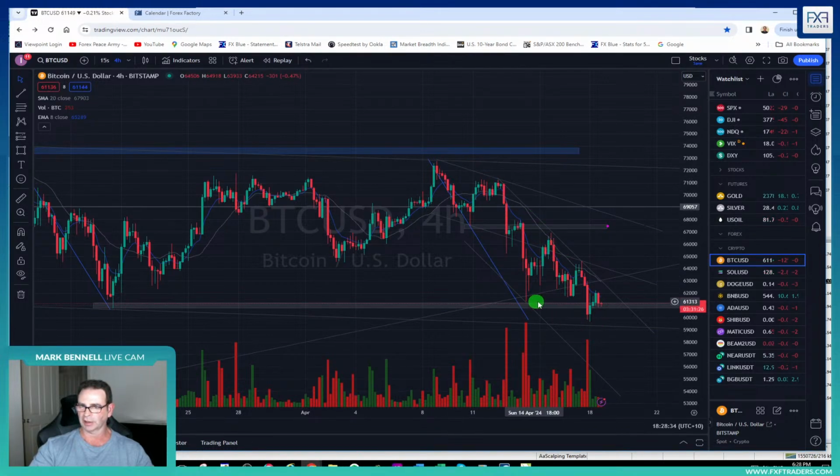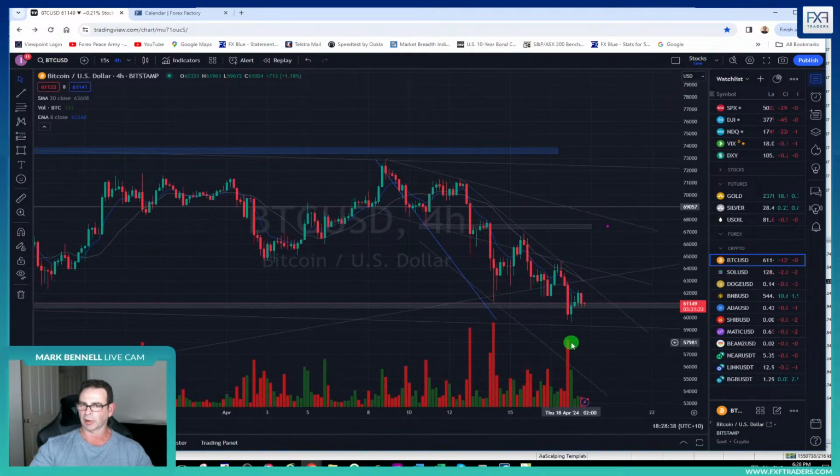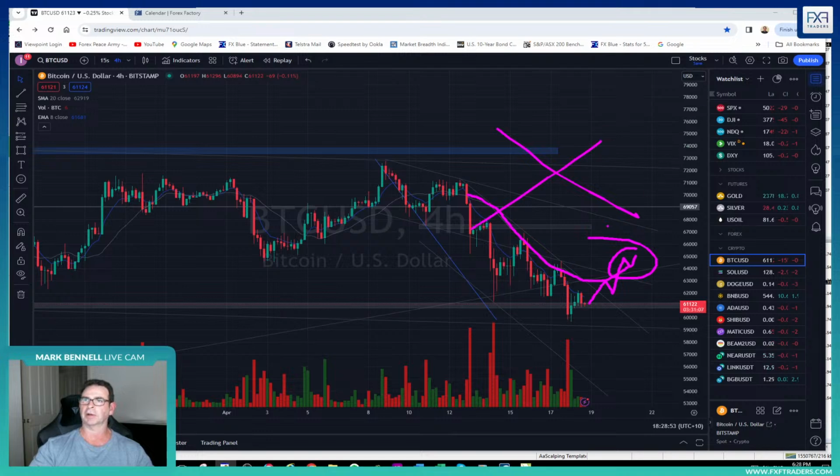Remember I said, expecting a push lower? We've got it, look, on volume. Until we get, now this is a 4 hour, until we get above the 20 on the 4 hour, like this, and into an area like that, I'm not even going to consider it.